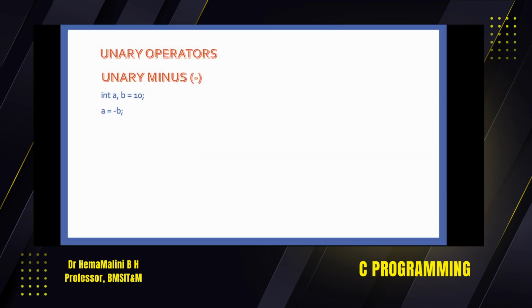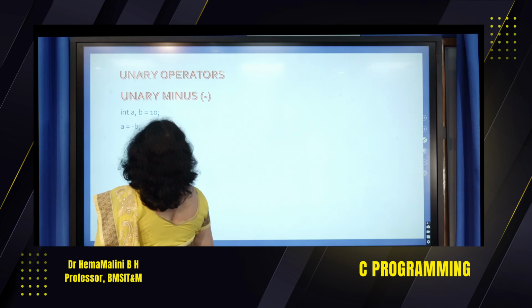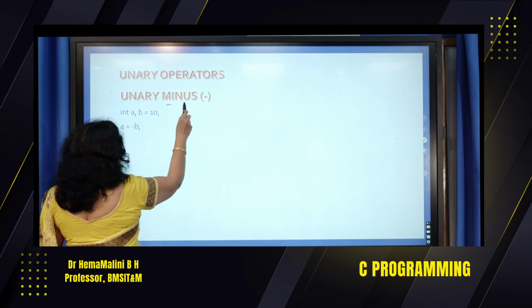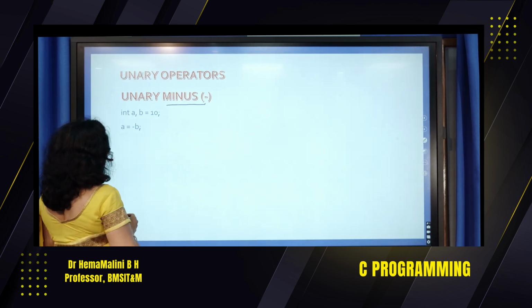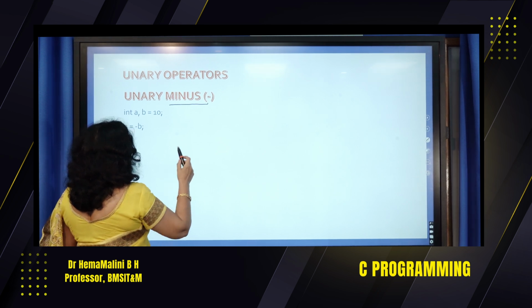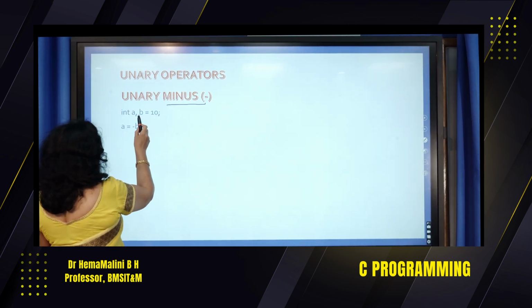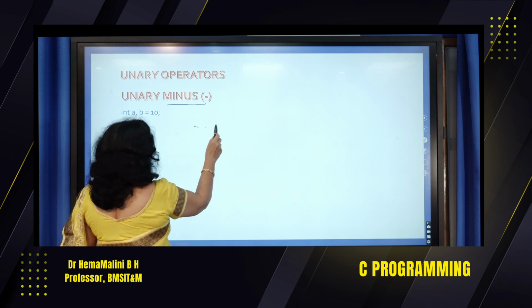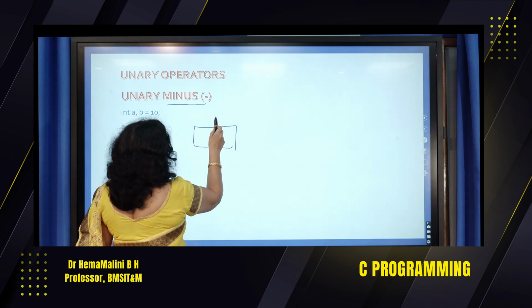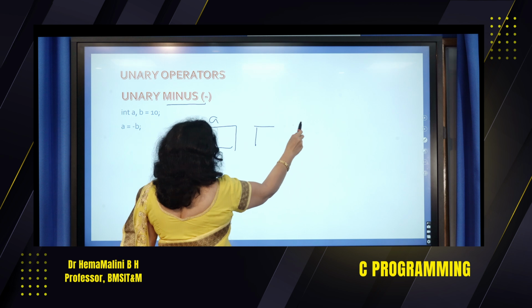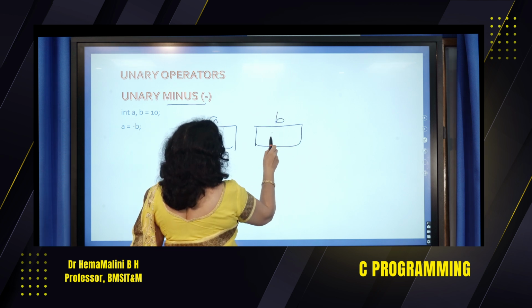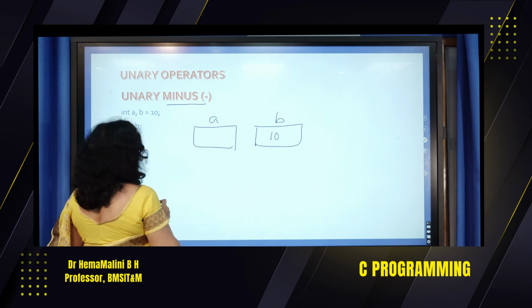So now let's see unary operators. Under that, let us discuss unary minus. Say there is one integer variable A and B is also an integer, it is holding the value 10.